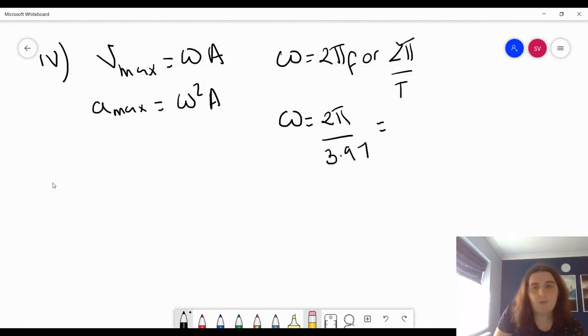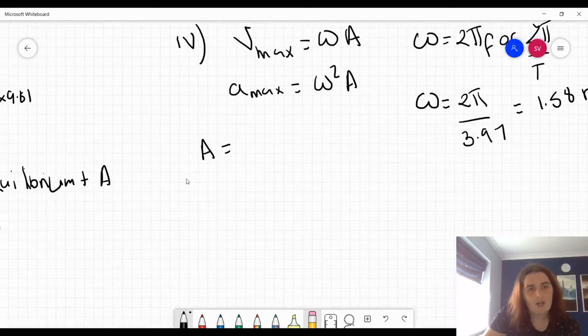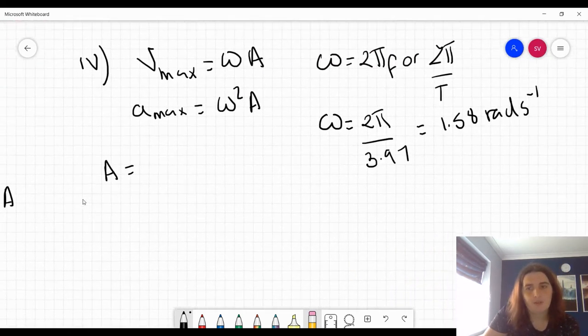And that is going to be 1.58 rads per second. My amplitude, going back here, I worked out was 20.336.